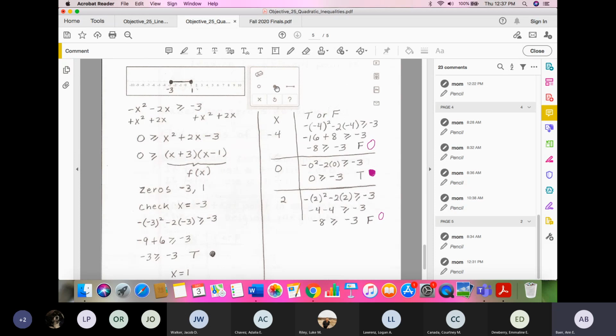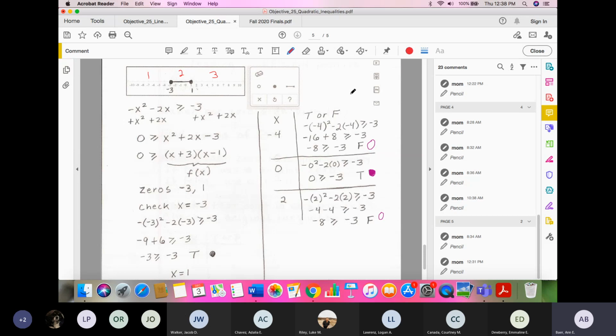Take the dot again and put it at the second zero, 1. And right at this moment, what we have are 3 intervals that we're talking about. We've got our first interval right here, this interval, and our third interval over here.